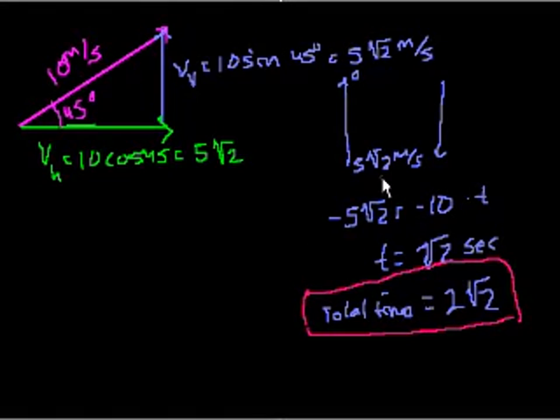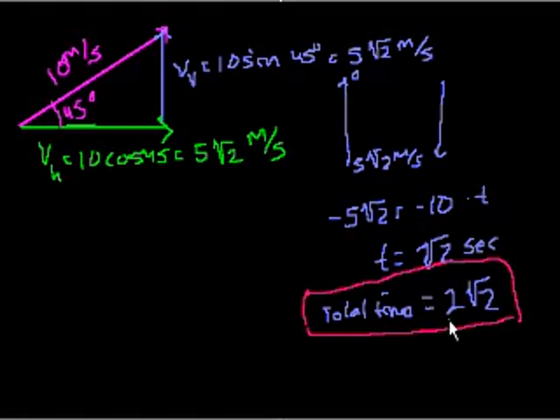But anyway, the whole time the ball is going up and down, it's also moving to the right at this speed, at 5 square roots of 2 meters per second. Right? And let me ask you a question. How long is it going to be moving to the right? Well, it's going to be moving to the right as long as it's up in the air. And do we know how long it's going to be up in the air? Well, yeah, we just figured that out, right?